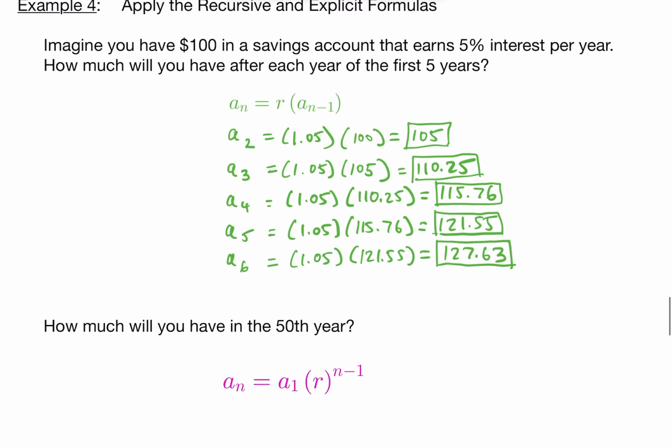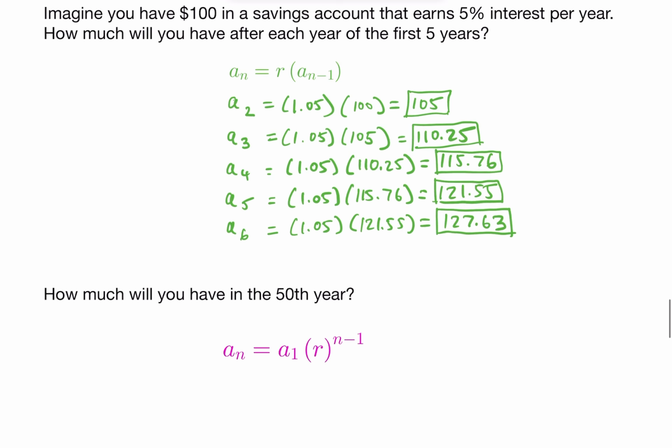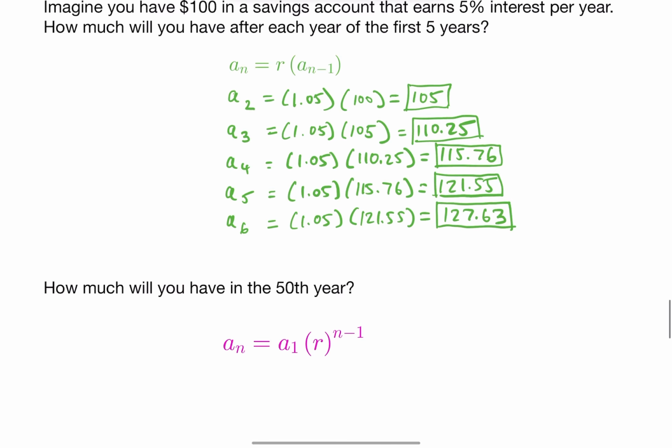Okay, so let's take a look at the next part of this problem. How much will you have in the 50th year? Okay, so this is the beauty of the explicit formula, because I can find the amount in my 50th year by multiplying the initial amount, which is $100, times 1.05 to the 50 minus 1 power.